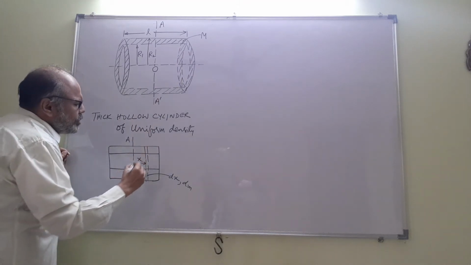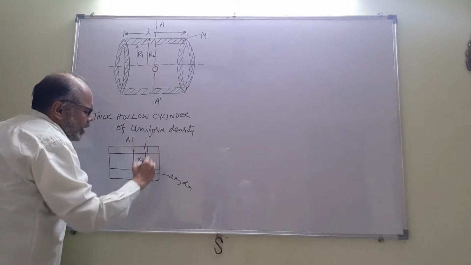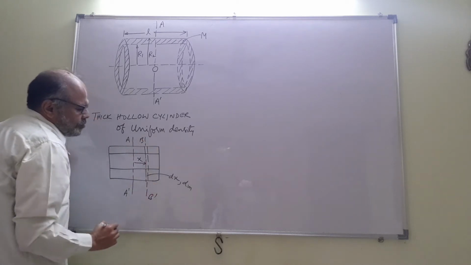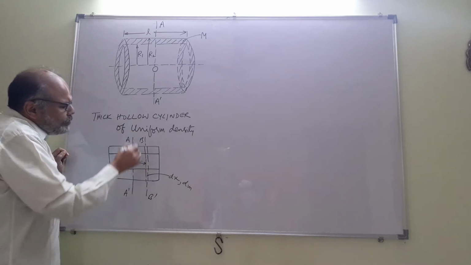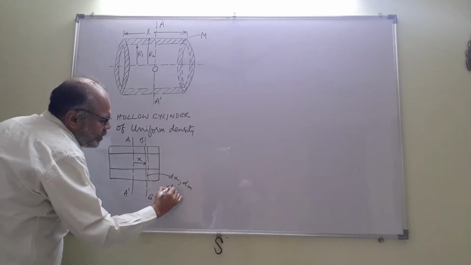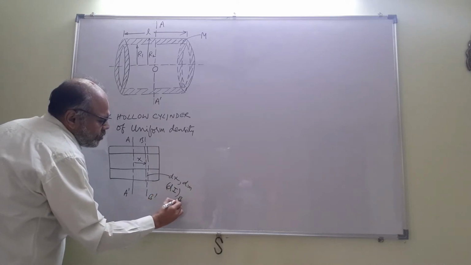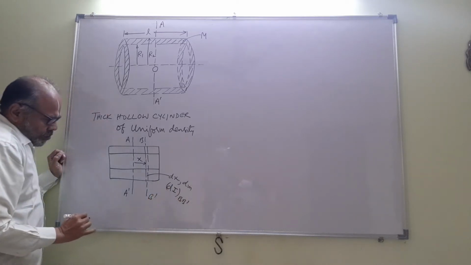So we shall consider an axis here, BB dash. Let the moment of inertia of this disc about the axis BB dash be dI.